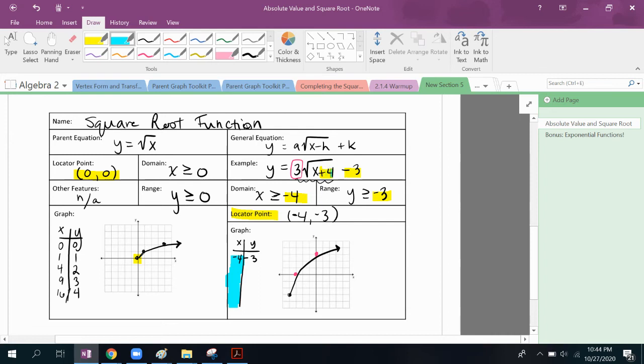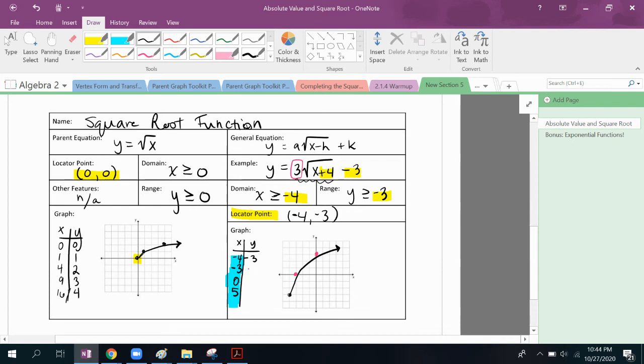Well, if I plug in -3, that's going to be great because -3 plus 4 is 1, and I know what the square root of 1 is. We can also plug in 0, right? Because if I plug in 0, the square root of 4 is a nice number. And I could plug in 5, and that's going to also work because the square root of 5 plus 4, the square root of 9, is 3.